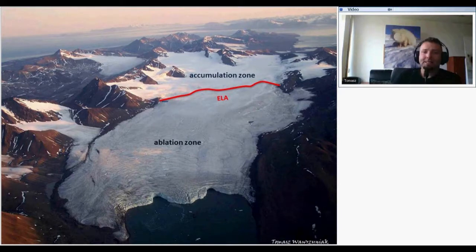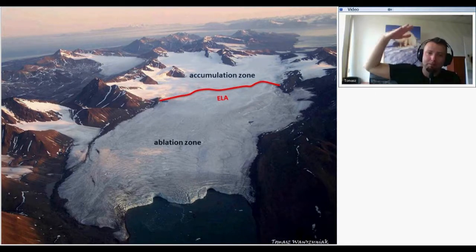In this picture, you can see the accumulation zone in the upper part of the glacier. In the lower part, there is the ablation zone. ELA determines where the snow will stay throughout the year, but the glacier moves down. As it's pushed from the layers above, there's more and more snow every year.